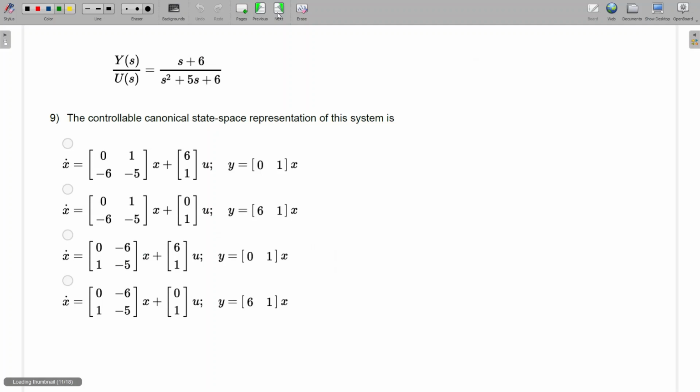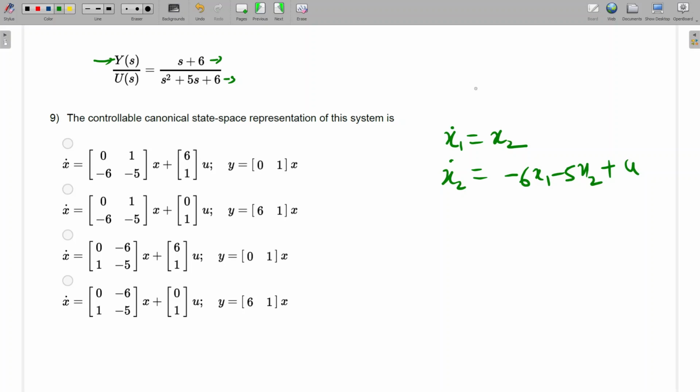Move to the next question. This kind of question I have already explained, so I'm going too fast. How can we approach Y by U? The top equation will represent Y, the bottom will represent U. So x1 dot is equal to x2, I'm assuming. x2 dot will be minus 6x1 minus 5x2 plus u, and y will be equal to 6x1 plus x2.